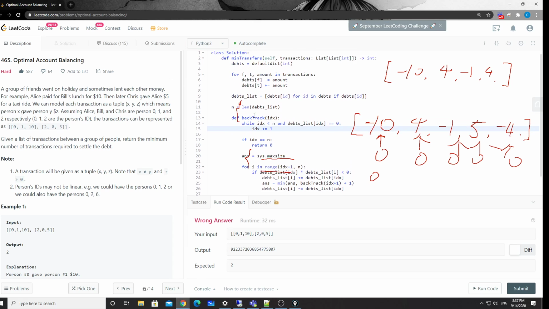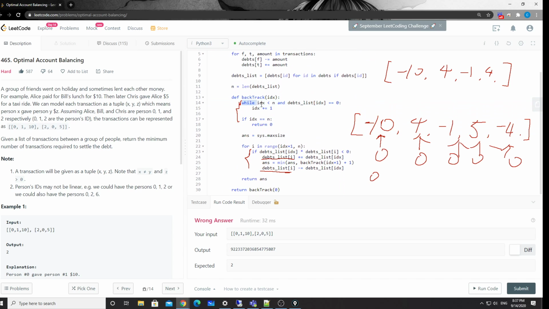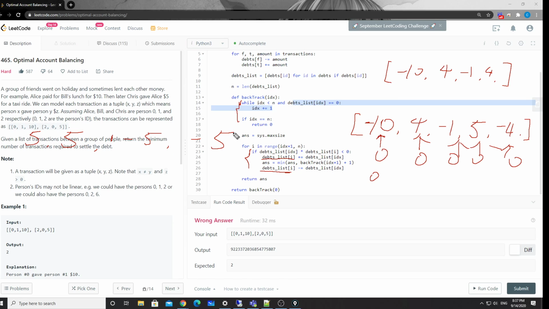And another thing is, for this part, why we're doing the while here. The reason being is that let's say we have a 5, 5, 5, and then we have a -5 and a -5.